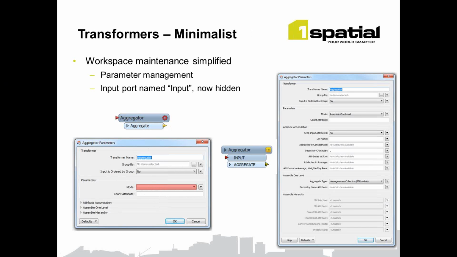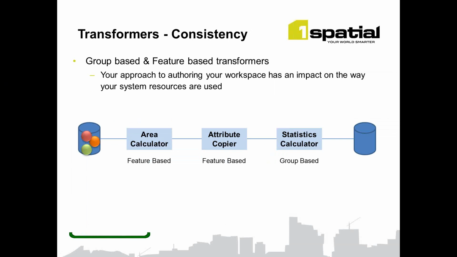So much more simple approach, especially as some transformers give a wealth of capability now. So trying to keep only what is important for a user to see front and center in that process. That idea of consistency is being carried through to some of the underlying capabilities around lots of transformers.